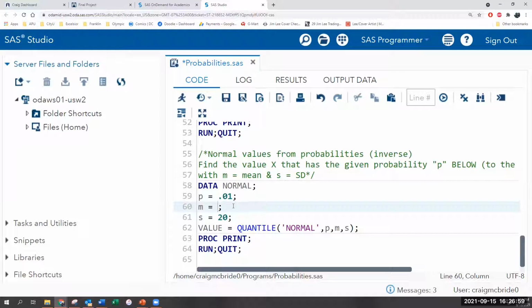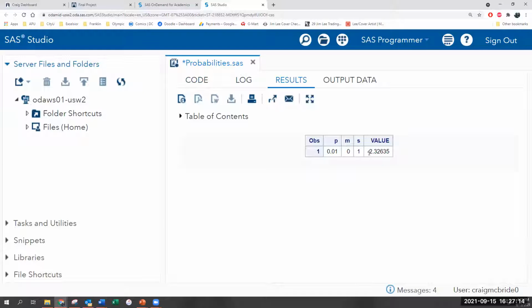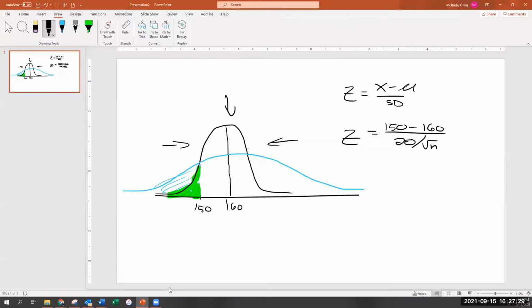And when they're standardized, the mean is 0 and the standard deviation is 1. So this is the same thing you would get if you just looked up in a z-score table and said, what's the z-score that corresponds to 1%? If you look that up in a table, it will give you this answer, negative 2.32. Now it'll probably just say negative 2.33 or something like that. But that's basically the z-score that goes with a 1% area under the standard normal curve.